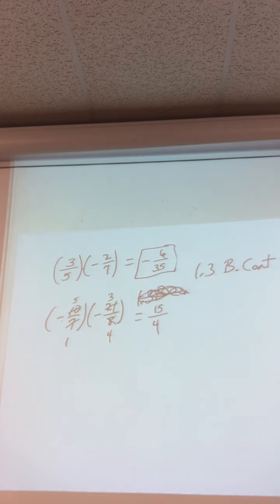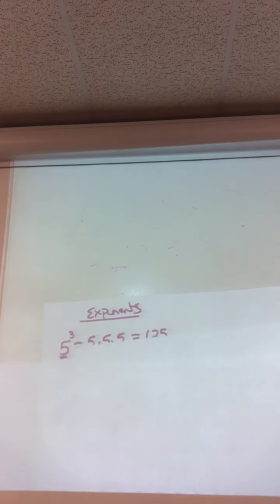Okay, to close out this section, the last thing I want to go over with you is something that you'll hear a lot of a little bit later on, but we introduced it a little bit in this section, and it's called exponents. When you're dealing with exponents, when I read this, this is how this is read. 5 to the third power.